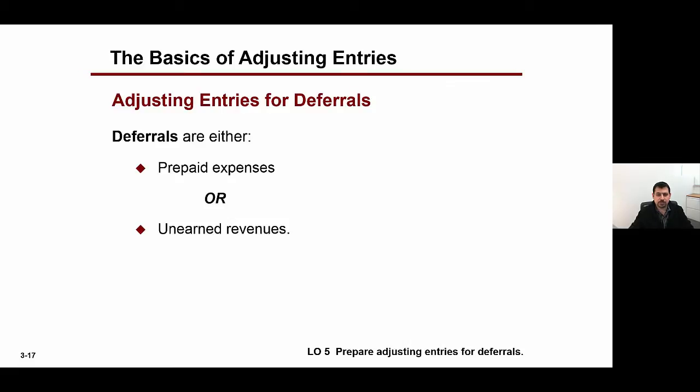Take insurance policies, for example. Let's say you pay in advance for a whole year. Basically what you need to do in this case is recognize the part that was used during this month. Or let's say unearned revenues. This is where you get cash in advance for services that you will provide in the future, but you will start earning it as you start providing services, and we'll talk about each one of them in detail.